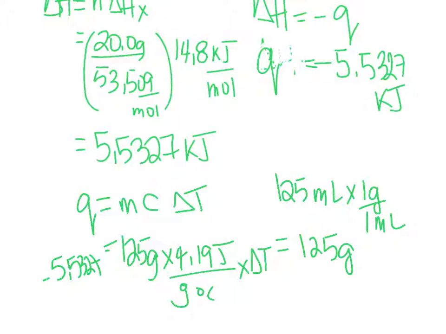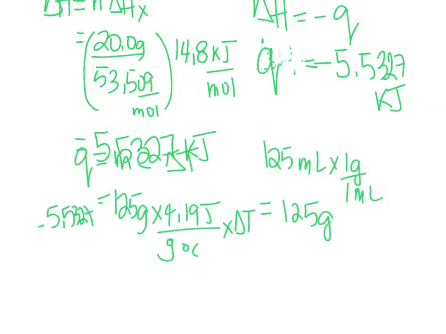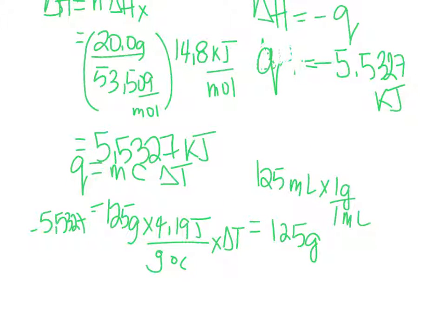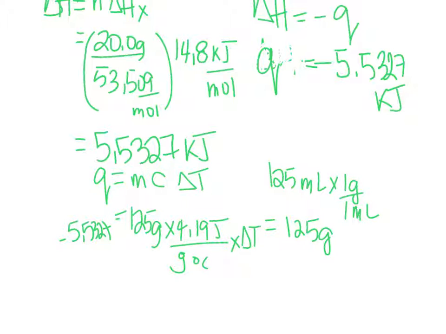If I put this number in as it is, I've got kilojoules here and joules over here. You've got to have the same unit. How many joules are there in a kilojoule? There's 1,000 joules.